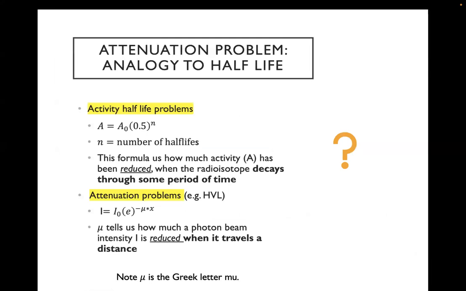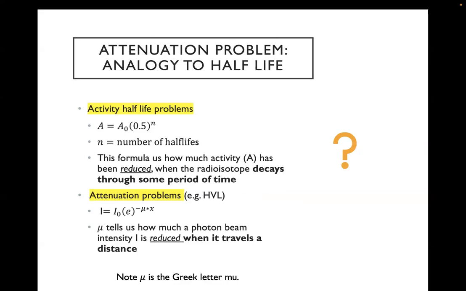So here are the two formulas just to take a look at them together. You have the activity half-life, which is how many half-lives an isotope has been, how much the activity has been reduced. So it looks at when the radioisotope decays through a period of time. That's the activity half-life problem.